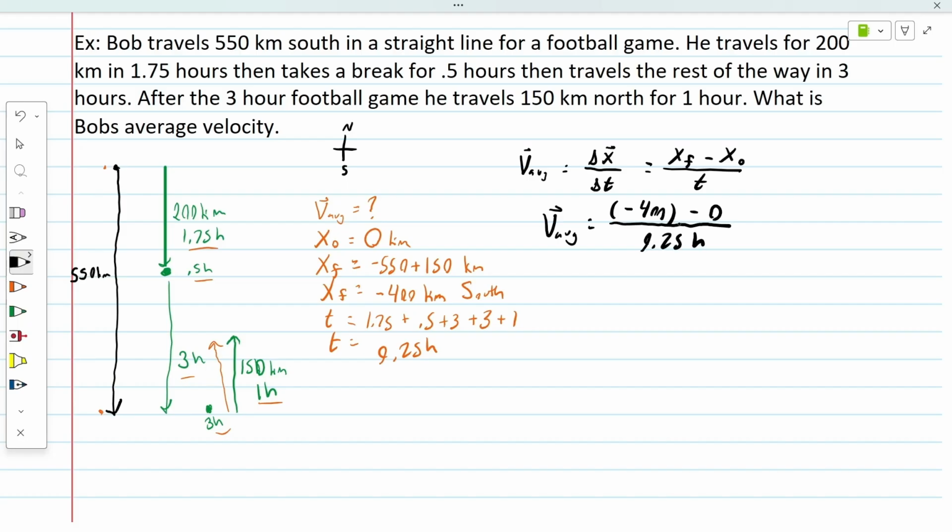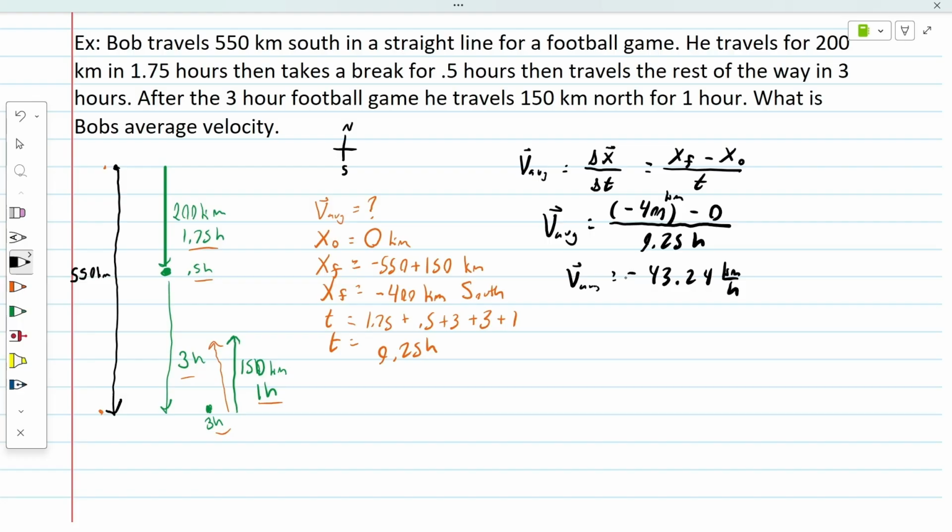And I should put units here. This is kilometers, right? So if we go ahead and solve this out, we will get a negative 43.24 kilometers per hour. Cool. So what does this negative mean?